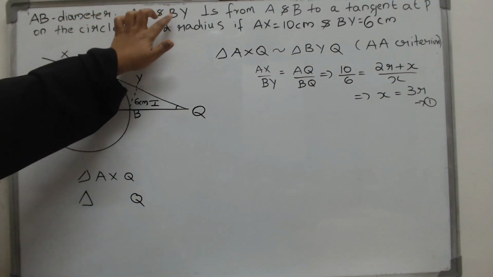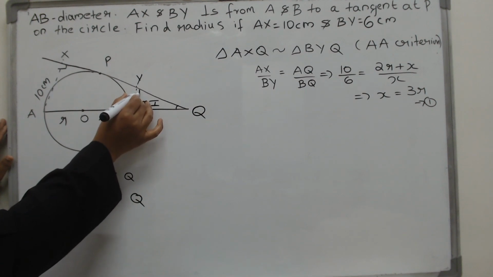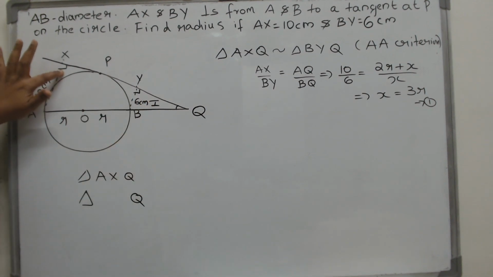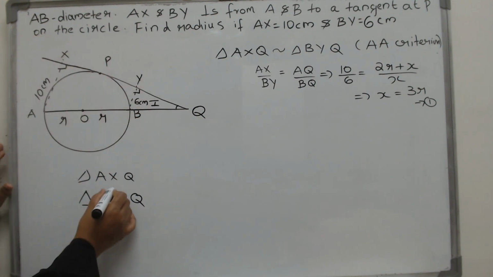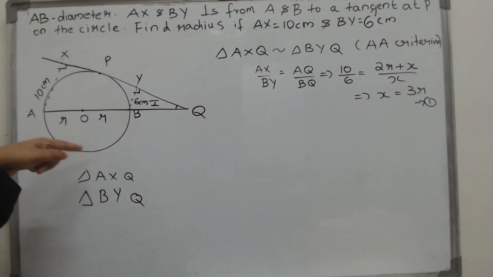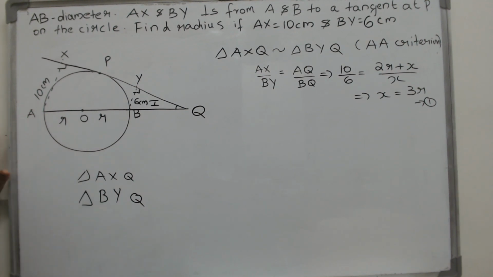AX and BY are both perpendiculars to the tangent. That means you have a 90 degrees here and a 90 degrees here, which means what? X and Y are equal to one another. That means the third pair of angles will also be equal to one another. What does that mean?